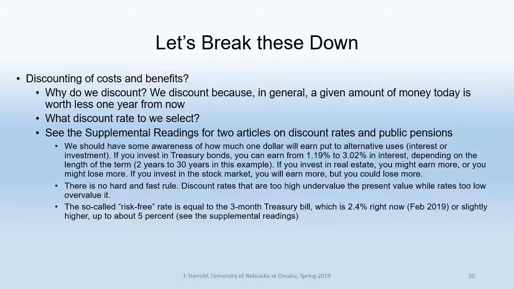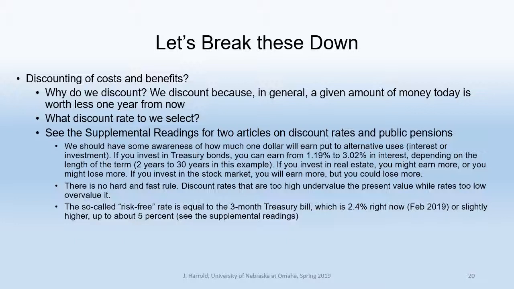So a higher discount rate gives you a lower current pension liability. A lower discount rate gives you a higher current pension liability, meaning that the entity itself and the employees, if it's contributory, have to contribute more into the fund.